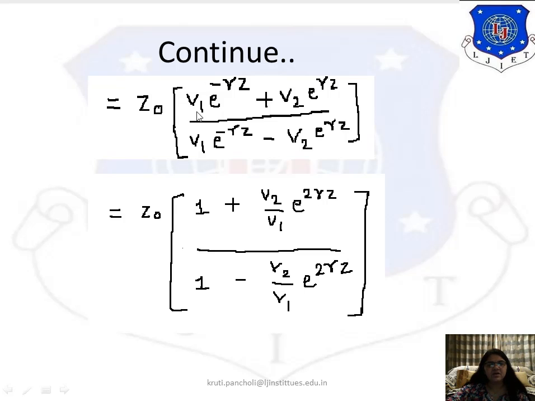Now we take V1 common, which cancels, and it is Z0 in brackets 1 plus V2 upon V1 e raised to 2 gamma Z, upon 1 minus V2 by V1 e raised to 2 gamma Z. But what is this V2 by V1 e raised to 2 gamma Z?